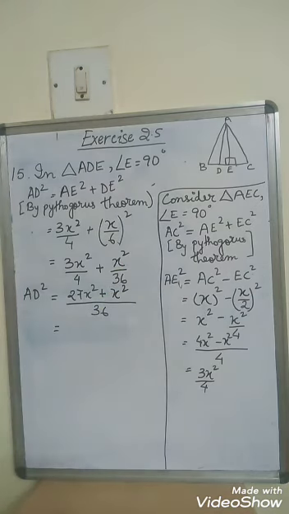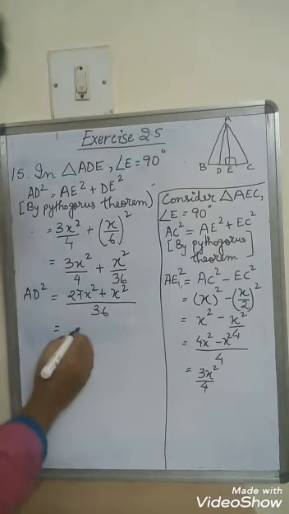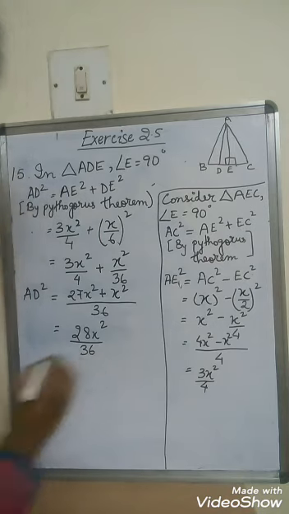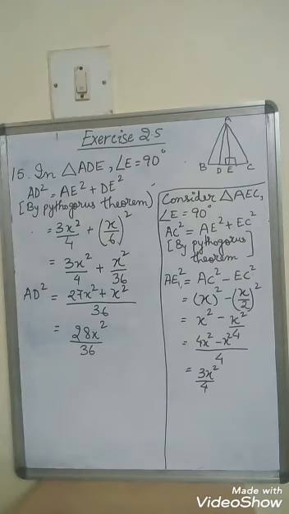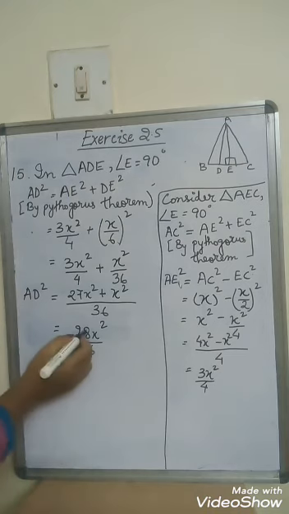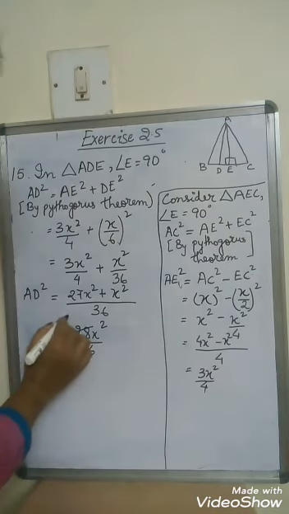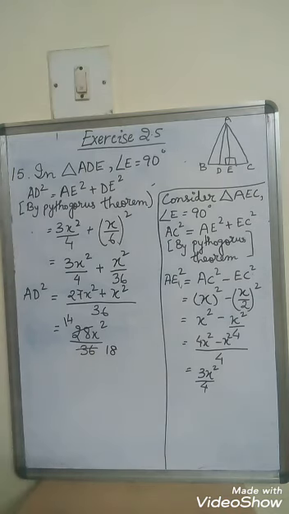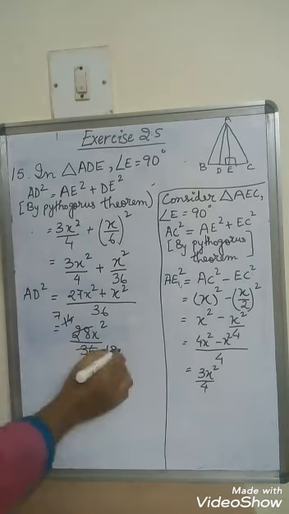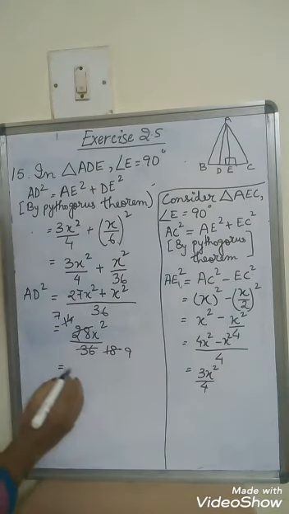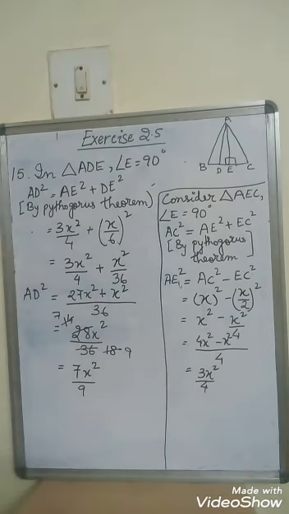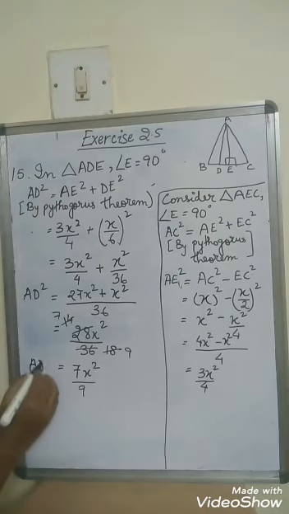So the value is 28X square by 36. We can further simplify it. 2 1s are 2, 2 4s are 8, 2 7s are 14, 2 9s are 18. So we got 7X square by 9. So now AD square is 7X square by 9.